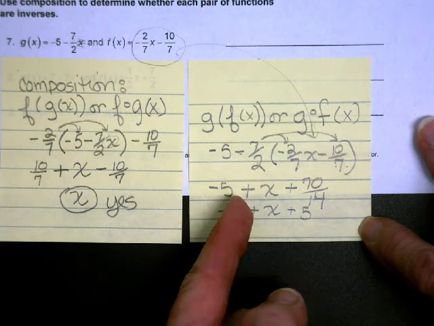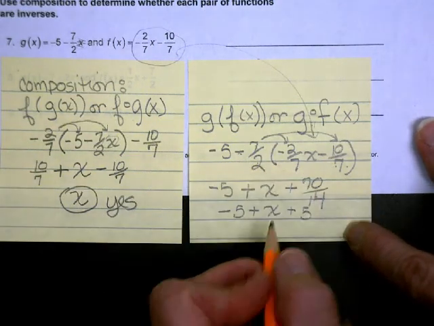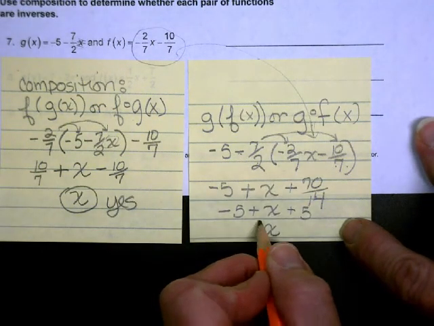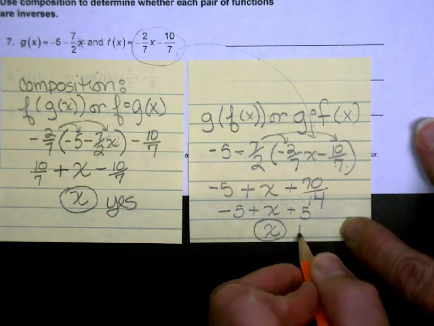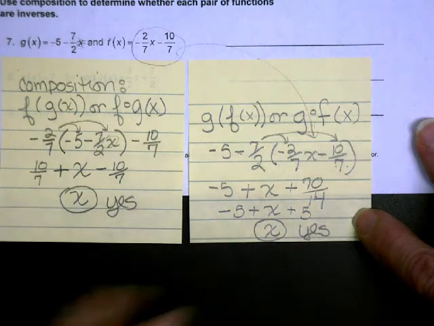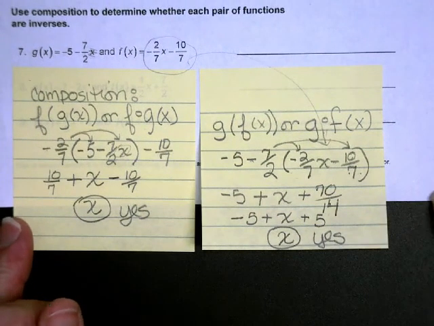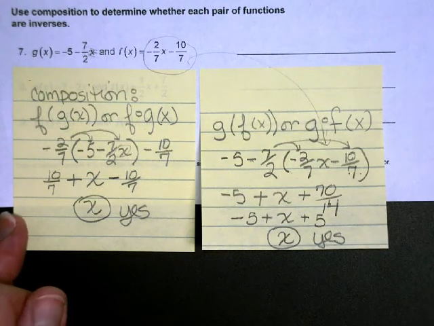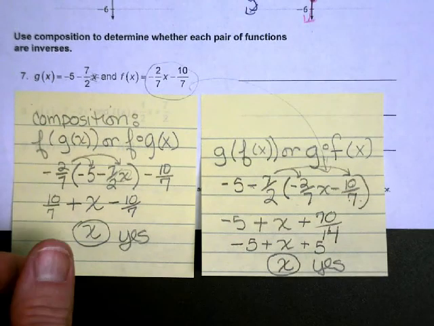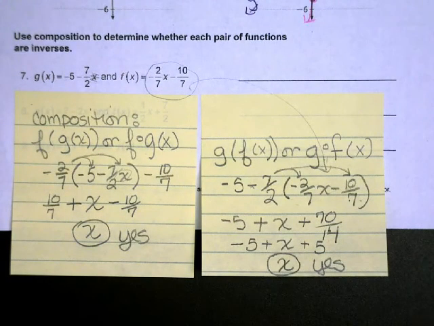That helps. It's like moving a chess piece on the chessboard. You could say, checkmate. -5 plus 5 equals 0. 0 added to x is x. You just did your algebraic proof using composition to determine whether each pair of functions are inverses.